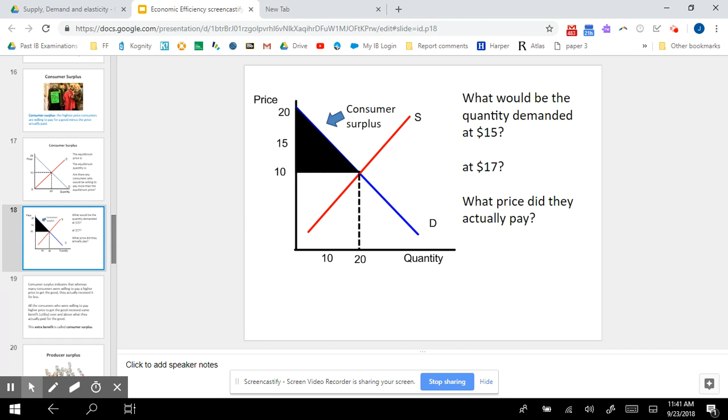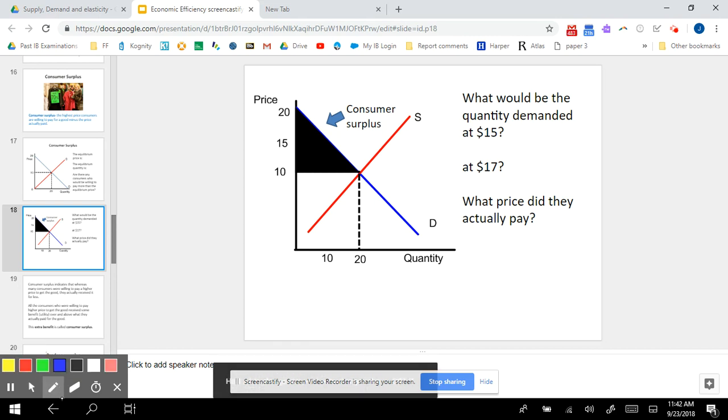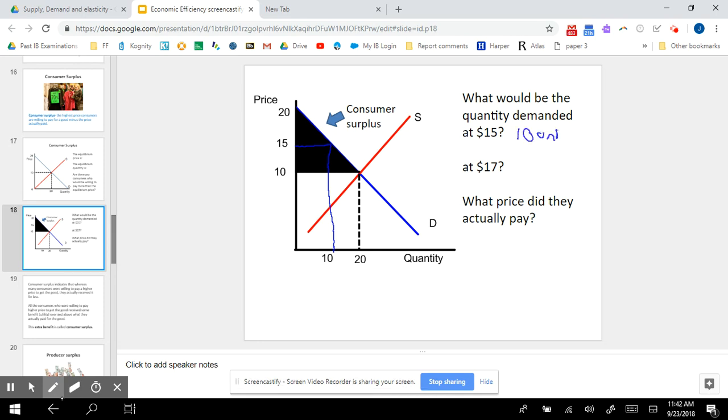So the consumer surplus, if we looked at what would be the quantity demanded at $15. So at $15, we would move along and come down, and it would be roughly 10 units. And at $17, it'd be roughly maybe 7 units.